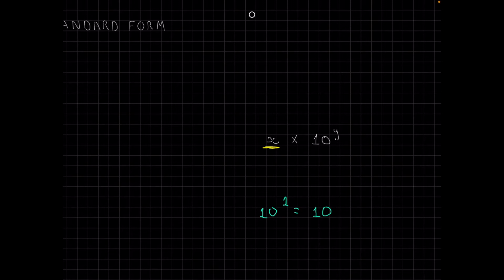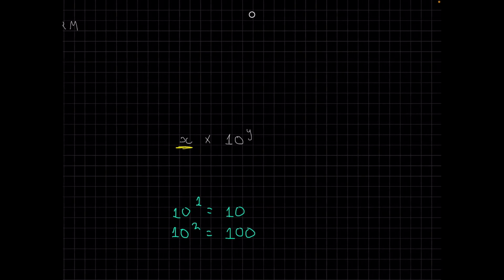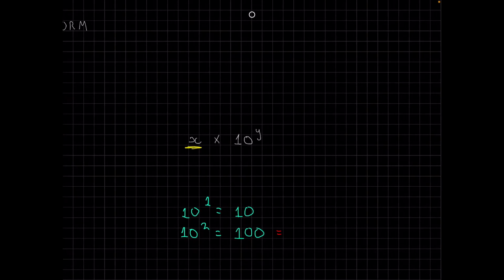Then 10 to the power of 2 equals 100. We can visualize this as 10 times 10, because there are two 10s, as according to our y, or our 2 in this case.